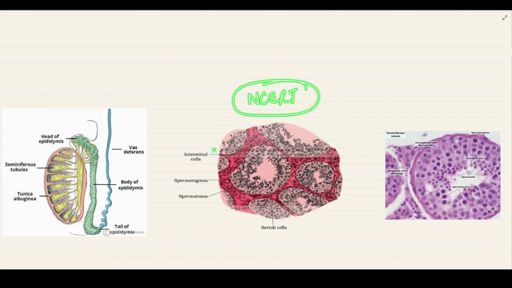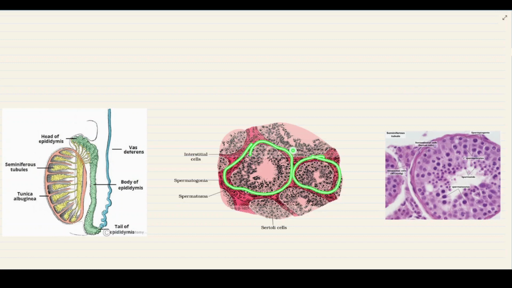This is one compartment, this is the second compartment, and these are the seminiferous tubules. Inside the seminiferous tubules, the sperms are produced. These structures we will discuss later, but this is the lining of the seminiferous tubule, and the lining contains special cells.